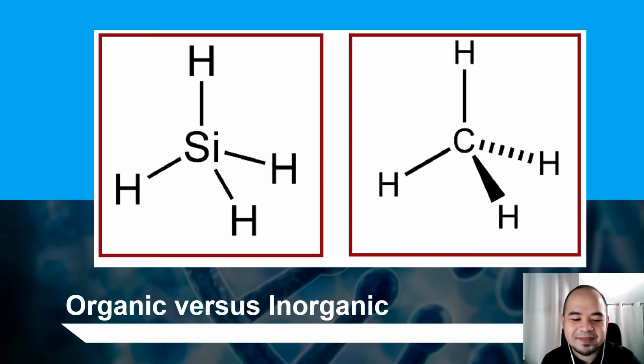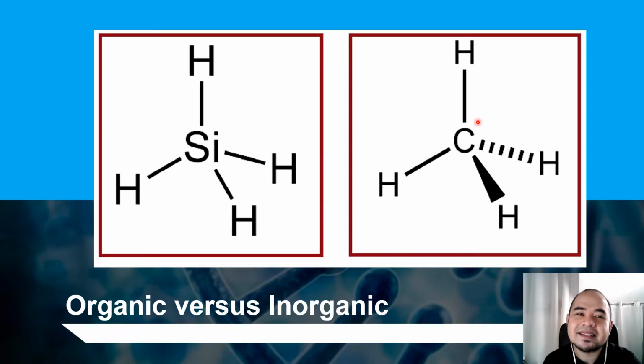So, right on the spot, can we identify which among these molecules, okay, is an organic molecule? Now, if you're watching this, you can just say, the right one. You can say that it's this one because right away, you can say that there's carbon.